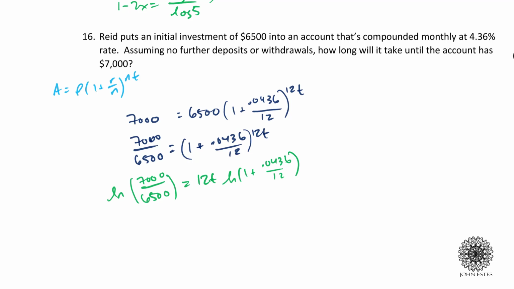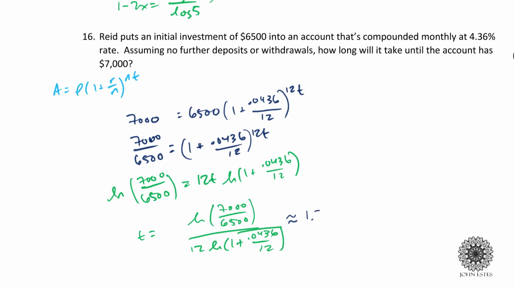So then I should be able to solve for t by simply dividing ln of 7,000 over 6,500 by 12 ln of 1 plus 0.0436 over 12. This is a really ugly looking real number, but it is a real number, and if you plug it into your calculator correctly, you should get about 1.72 years.